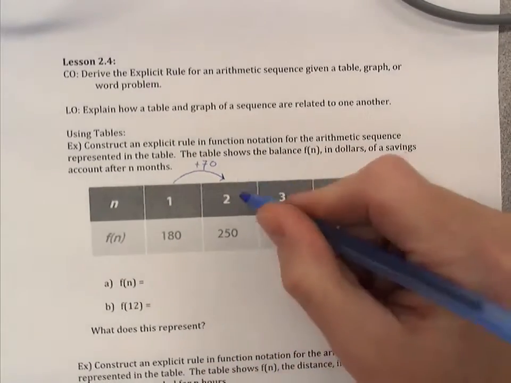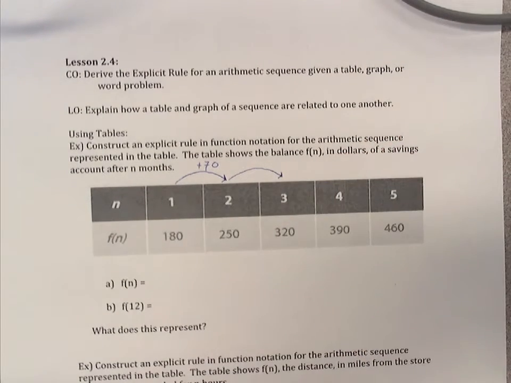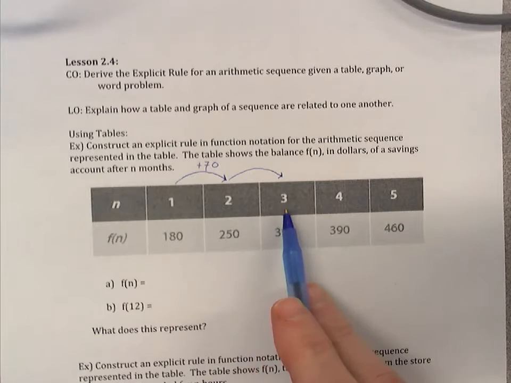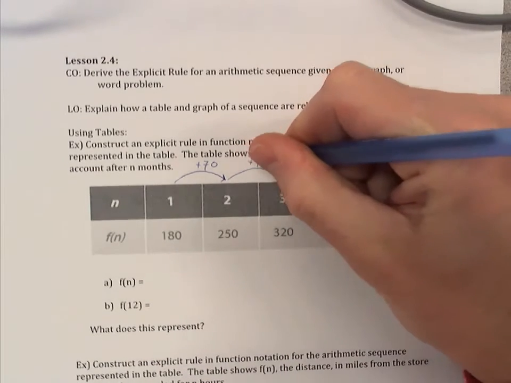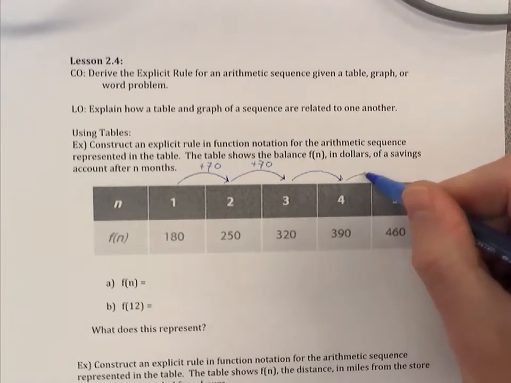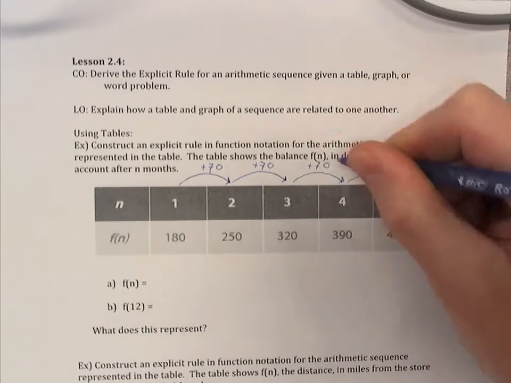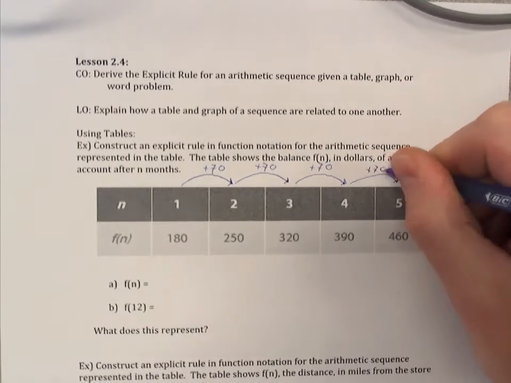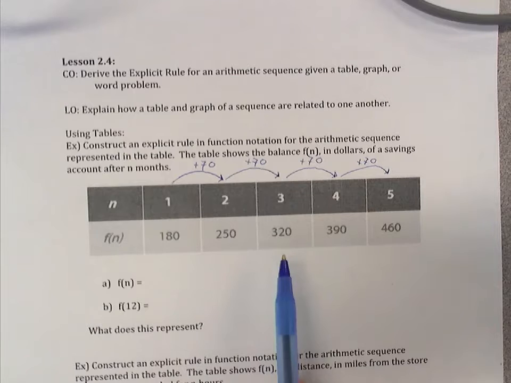And then as we go to the third month, it goes up once again by $70. That's why we call it a sequence, because it's happening over and over again. Every time we go to the next month, it's simply $70 more than the last month.